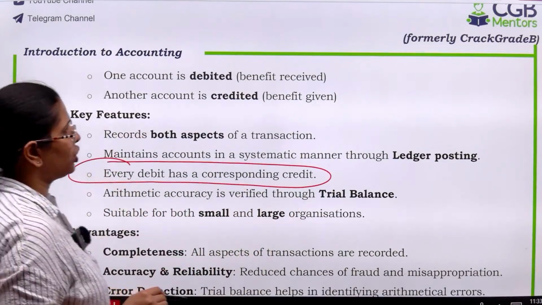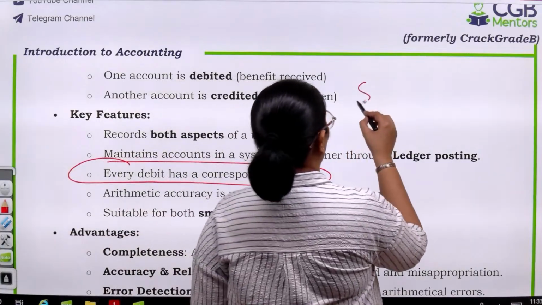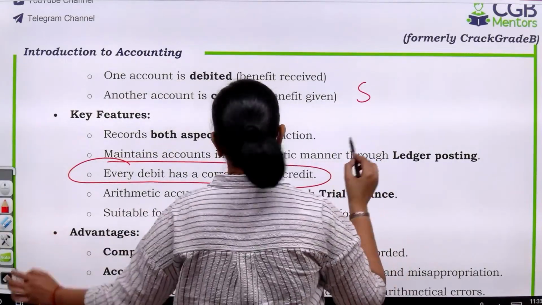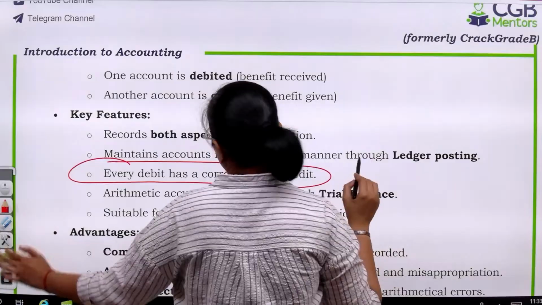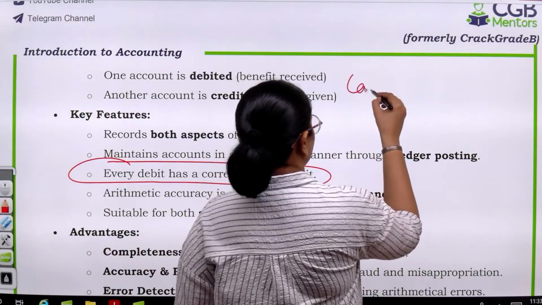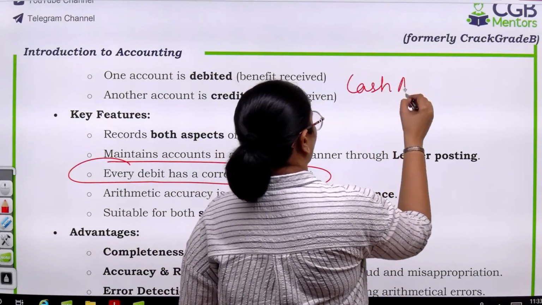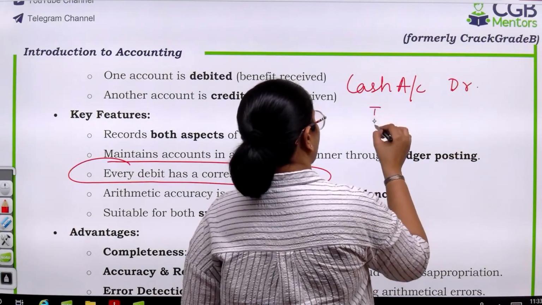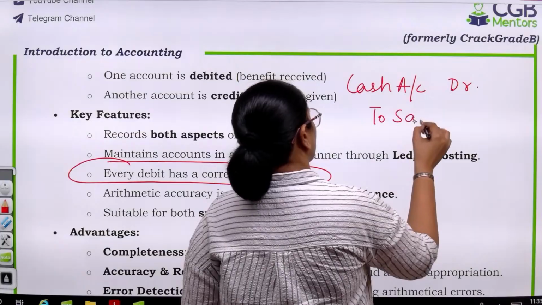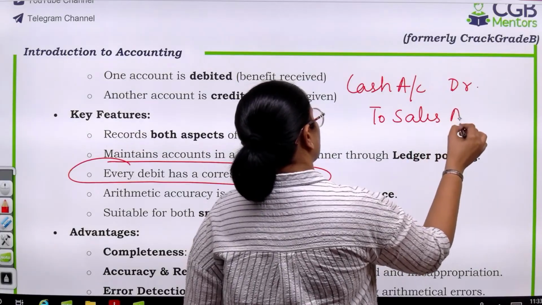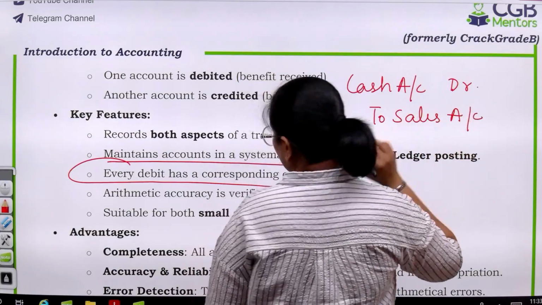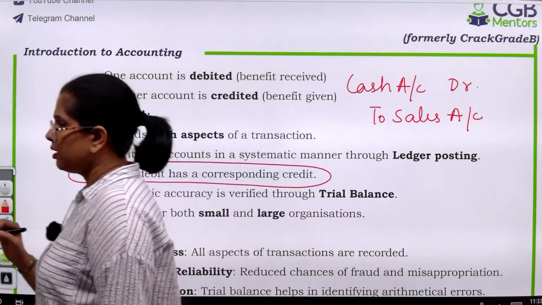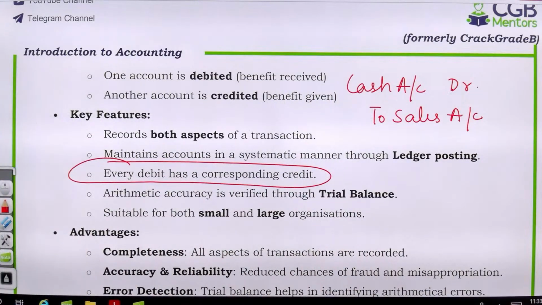It records both aspects. Every debit has a corresponding credit. As I have told you, if I am paying the salary, or let's say if I am making sales, I have done sales, so cash account would be debited and sales account credited. Sales is a nominal account, right?